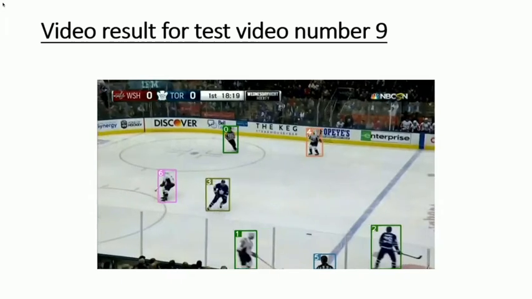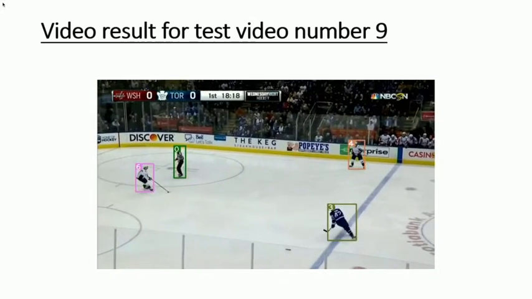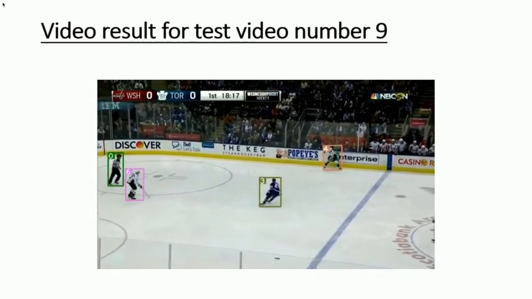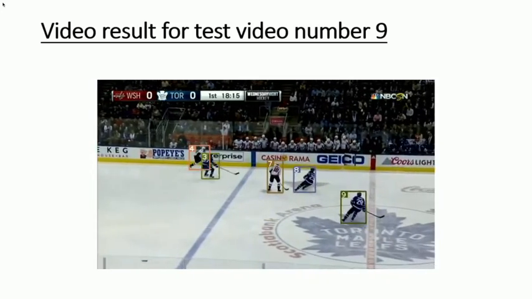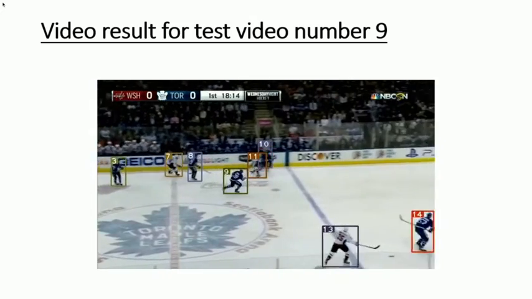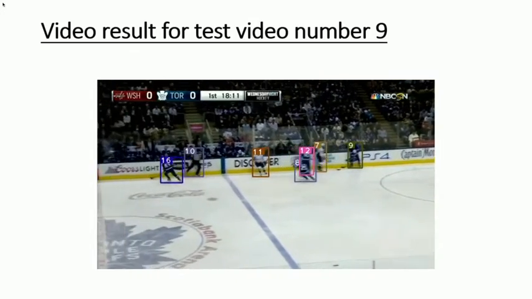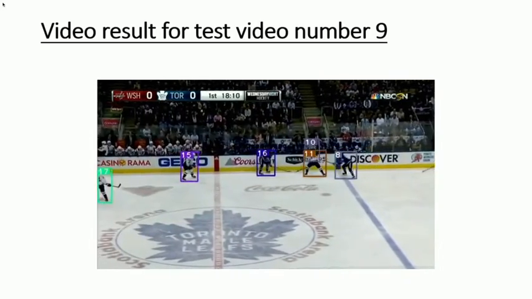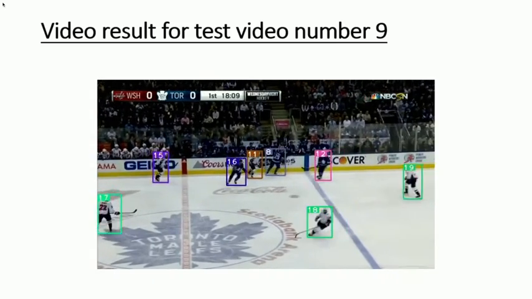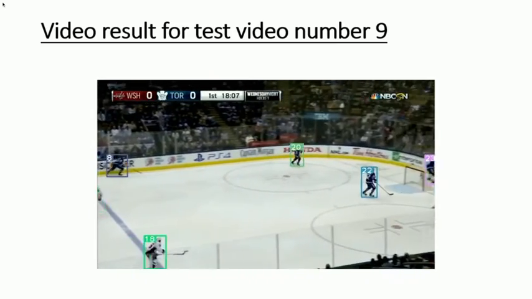This video shows the results for video number 9. The numbers over each bounding box show the predicted identity of the tracker. As you can see, upon minor occlusions the identities are still maintained, but the IDF1 score is a little low, 53.